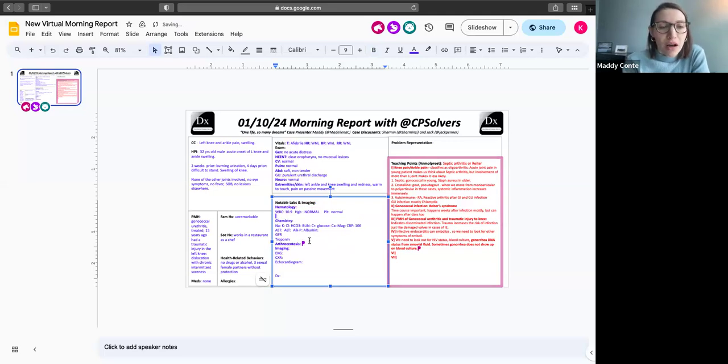I'll give you some other labs that came back over time. An HIV was negative, an RPR was negative, and for urine, the urine chlamydia test returned positive. The urine gonorrhea test was negative. And then the blood cultures were also negative.